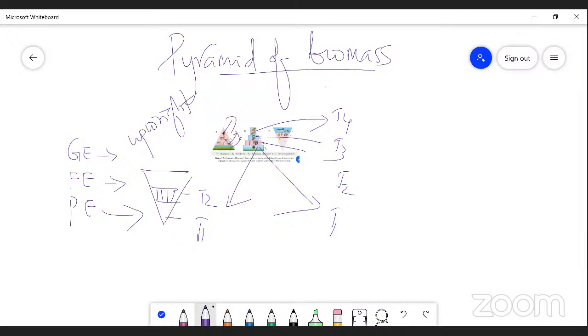So there is an increase of biomass from one trophic level to another trophic level, right? So hence it always forms an inverted shape. This is T3 and this is T4, right? So there is an increase of biomass from one trophic level to another. As a result, this pyramid is inverted in condition, right?